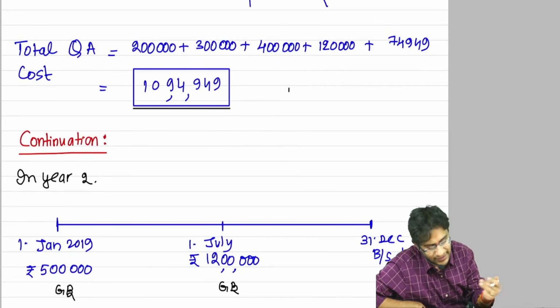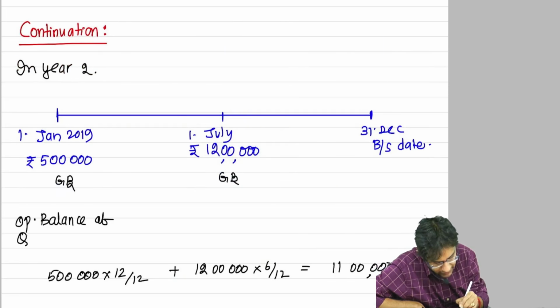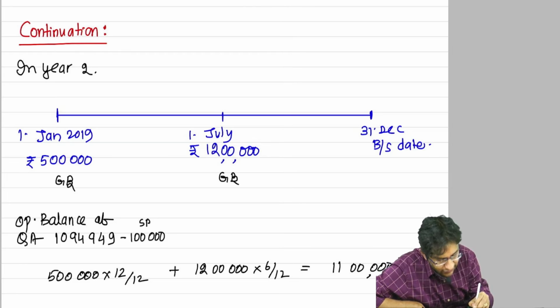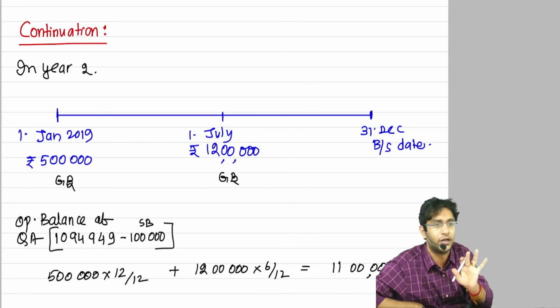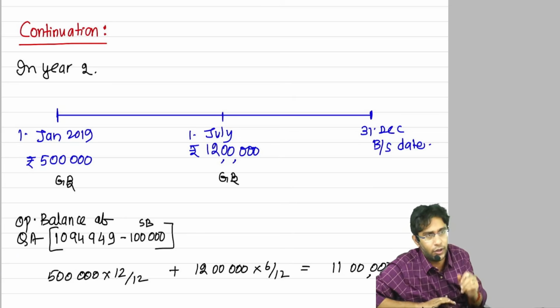Let's say your opening balance of qualifying asset is 10,94,949. In this, 1 lakh rupees is specific borrowing. Rest all is funded by general borrowings only. Do you agree with that? Other than 1 lakh rupees, rest all is funded by general borrowing only, no?